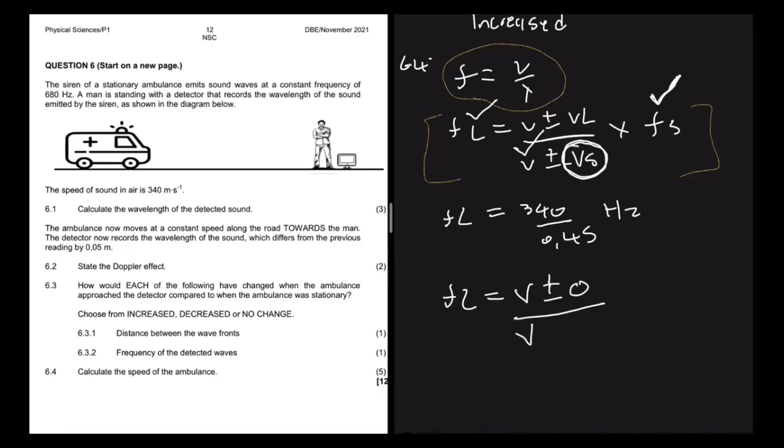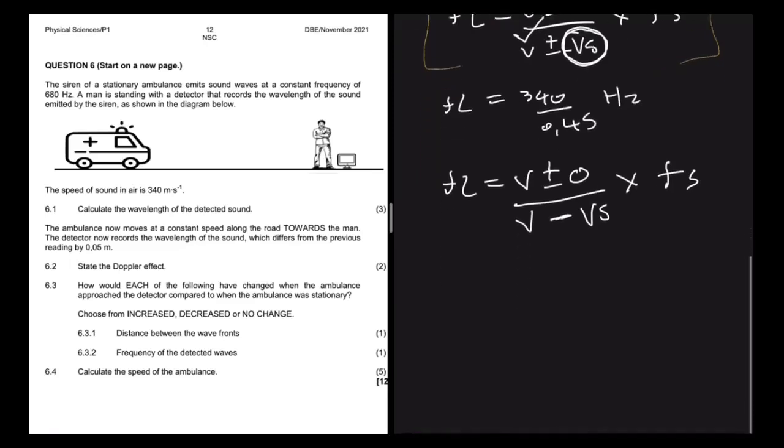When the source is moving towards, we get a minus in the denominator. So we're gonna get minus the velocity of the source multiplied by the frequency emitted by the source. If you don't know how this formula comes about and why I'm choosing minus on the denominator, then watch my introductory video that I'm gonna link on the top left corner.